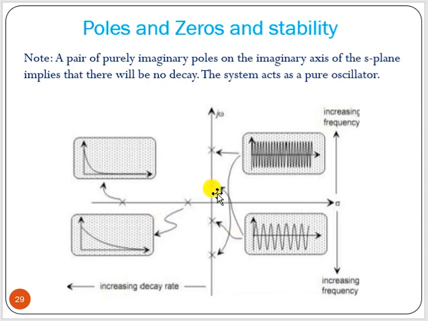Now say on the j omega axis, if there is a pole, what happens? A pair of purely imaginary poles on the imaginary axis of the S-plane implies that there will be no decay. If it is on the imaginary axis, there is no decay. That means the system acts as a pure oscillator. See here, for these two complex poles, complex poles always come in conjugate pairs.